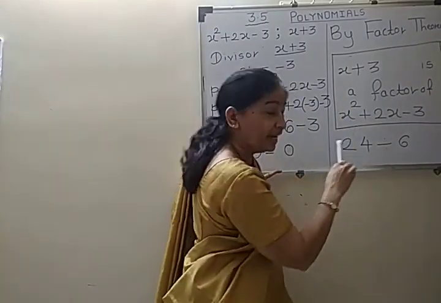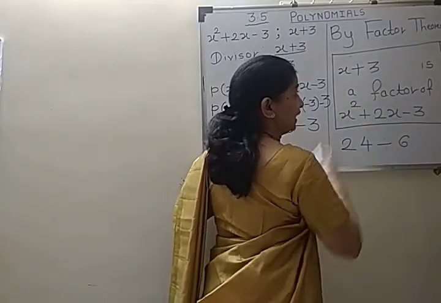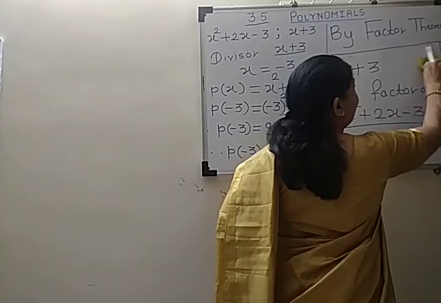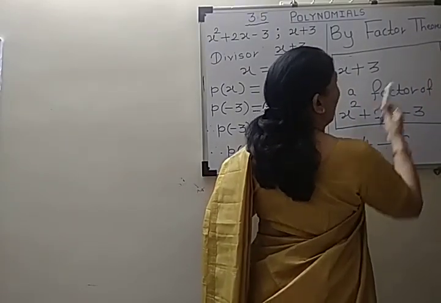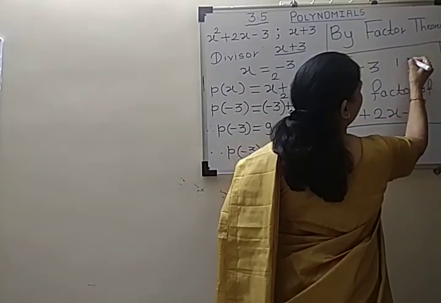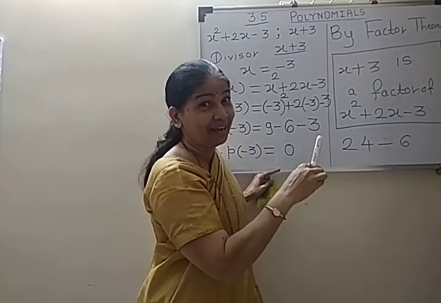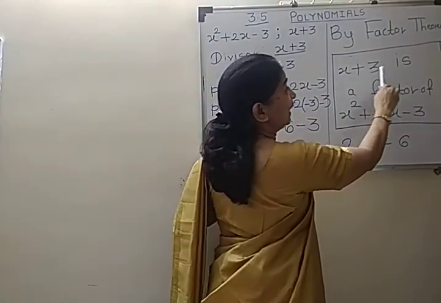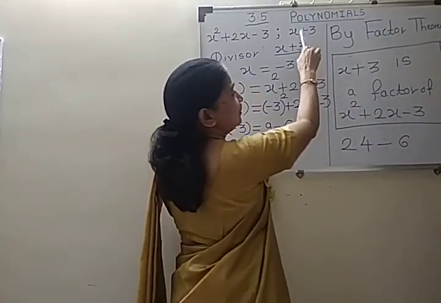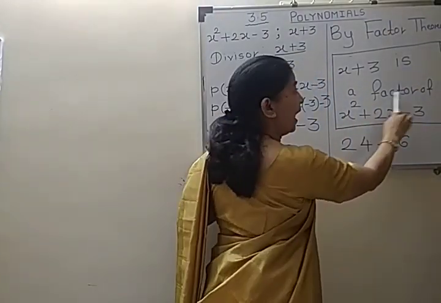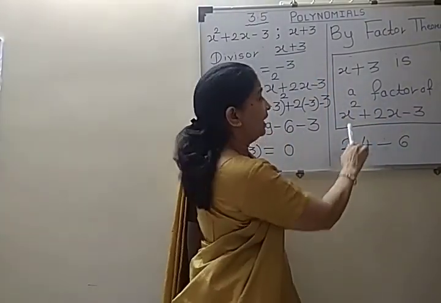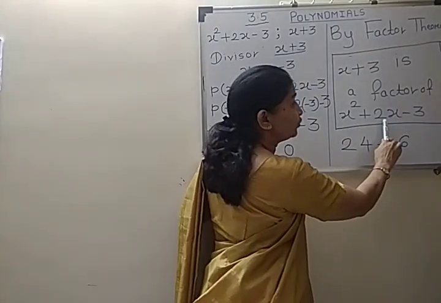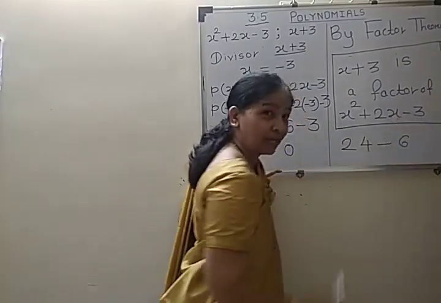See the correction now. I should write x plus 3 is a factor of x square plus 2x minus 3.